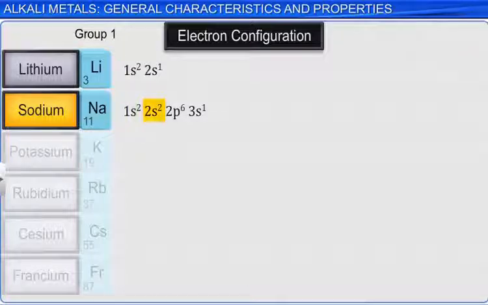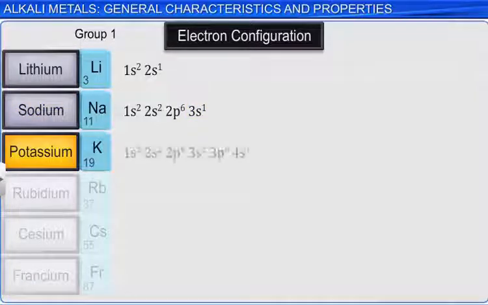Similarly, for potassium, the electron configuration is 1s2, 2s2, 2p6, 3s2, 3p6, 4s1. They all have something in common. All the electron configurations end as s1.